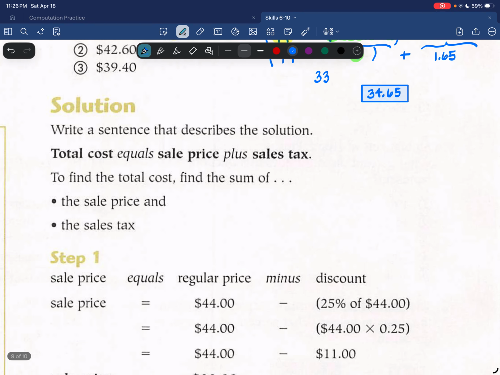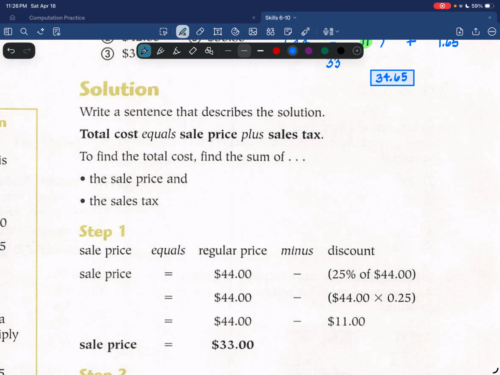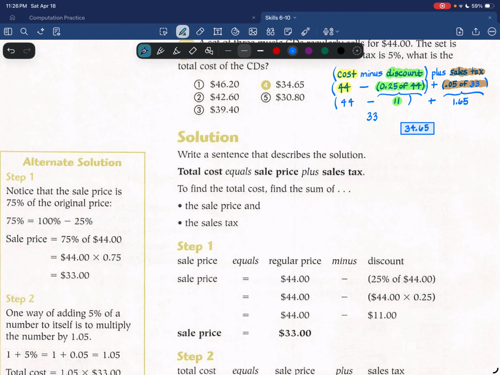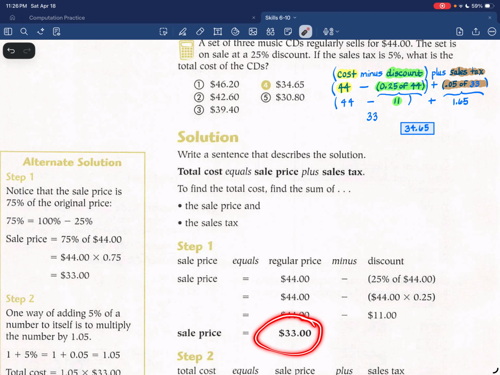Step 1. I'm not going to read all this. Essentially, what they've done, they have taken $44 minus the discount, just like we did, and they got $33 just like we did.